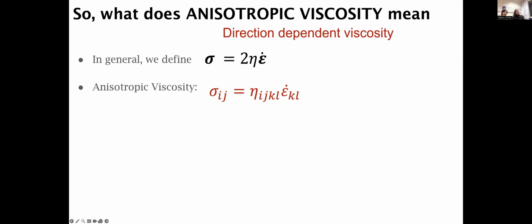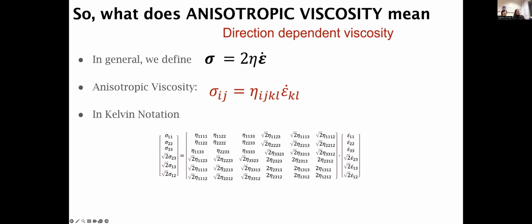But due to the symmetry of both the deviatoric stress and the strain rate tensor, these 81 components decrease to 36, and because of time reversibility, it's actually reduced to 21 components.